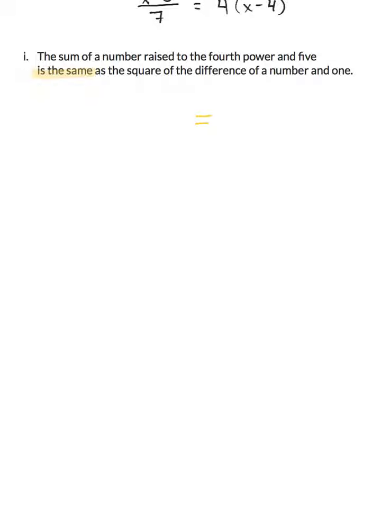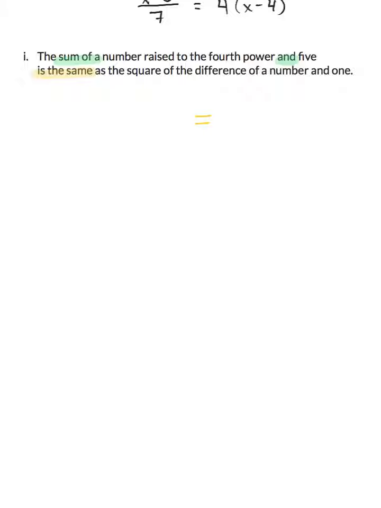If we start on the left, we get the sum of a number raised to the 4th power and 5. So we have that phrase, the sum of. That means addition, and I want to replace my "and" with my plus sign.